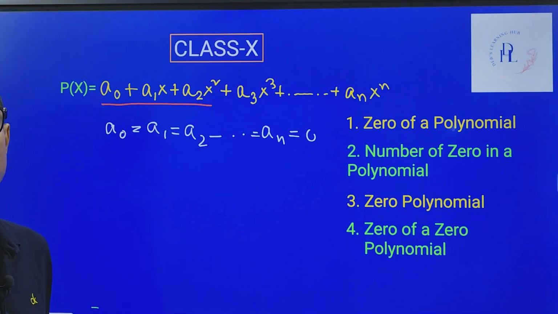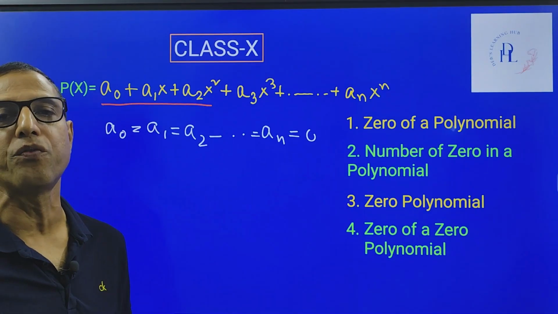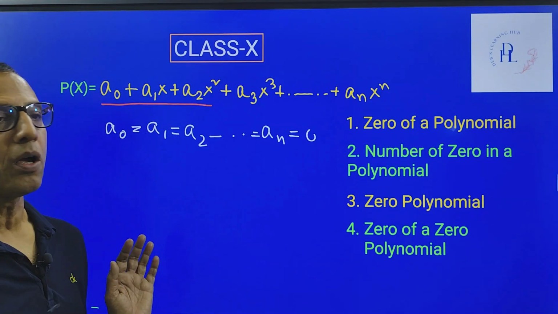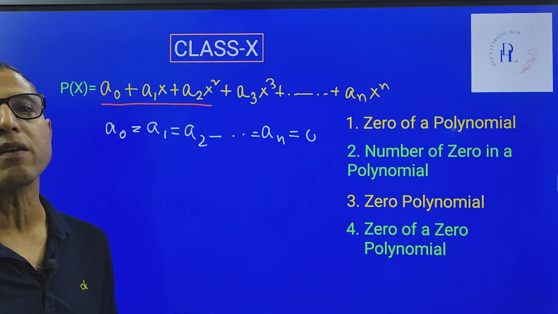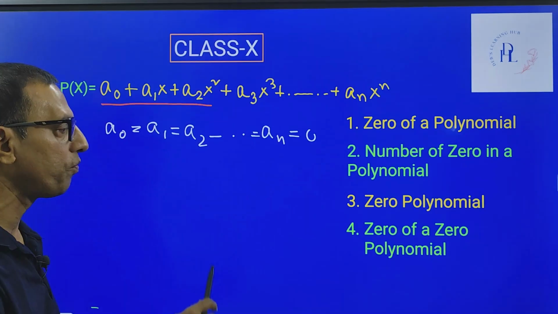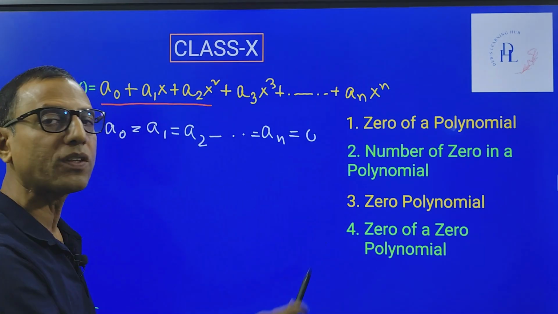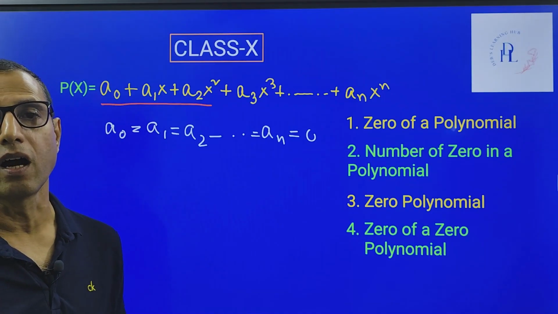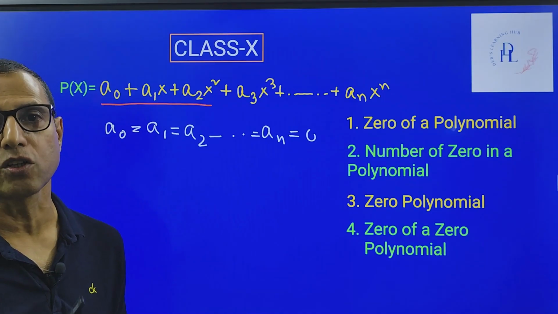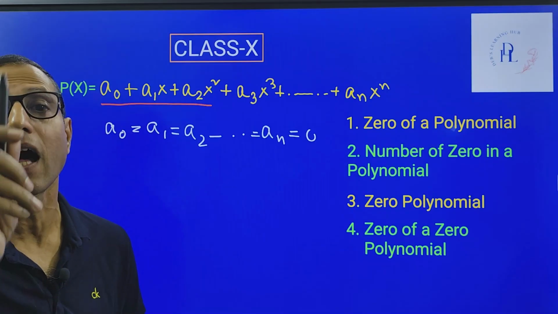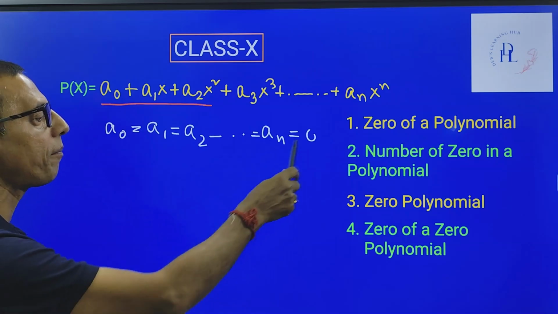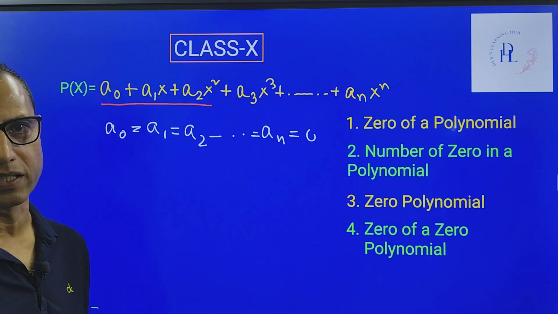For a zero polynomial there is no question of any value of the variable being a zero, because all the coefficients are 0. Because of that, the entire polynomial becomes 0. So the zero of a zero polynomial means the value of the variable of that polynomial, and for a zero polynomial it cannot be determined. It is undefined.